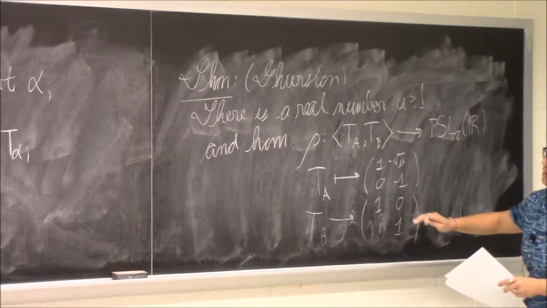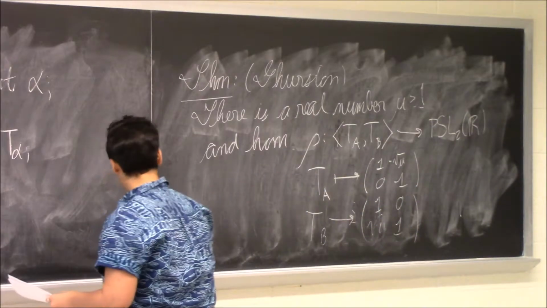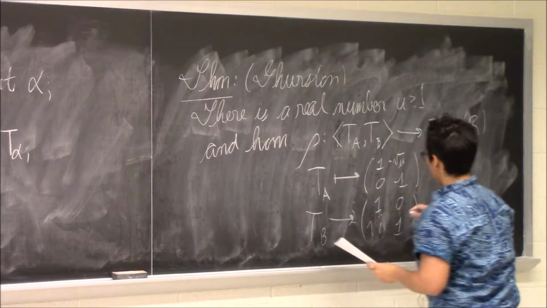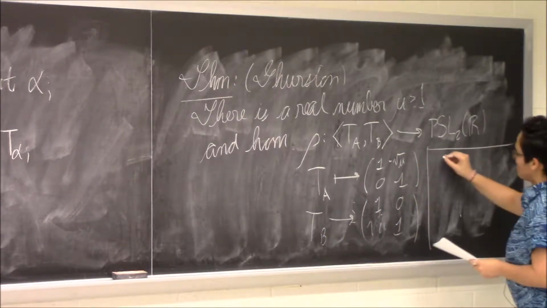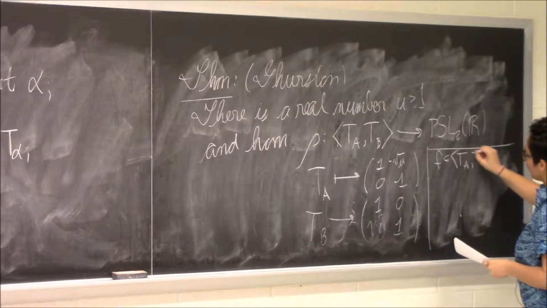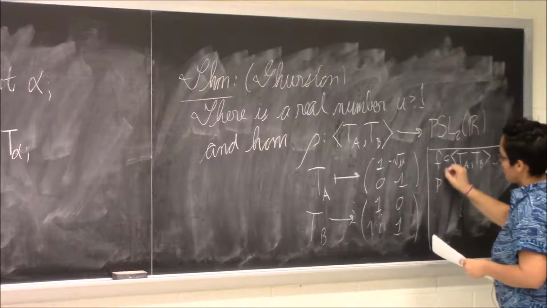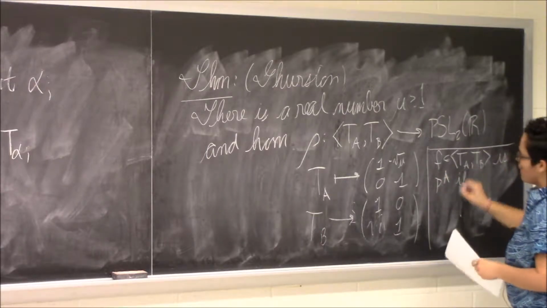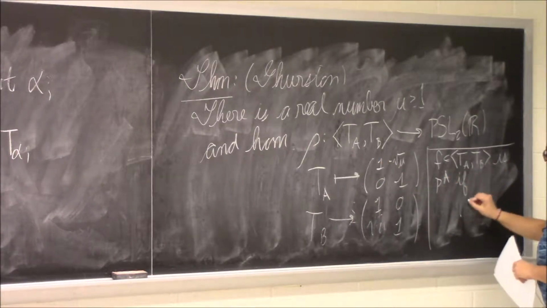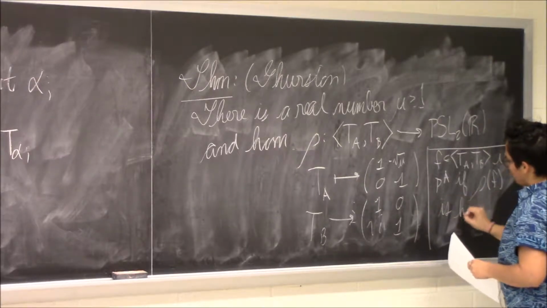So this is great. We have this homomorphism, but what can we use it for? The important part, the punchline, is that if we take some f in this subgroup generated by these twists, then f is pseudo-Anosov if its image under the homomorphism is hyperbolic.